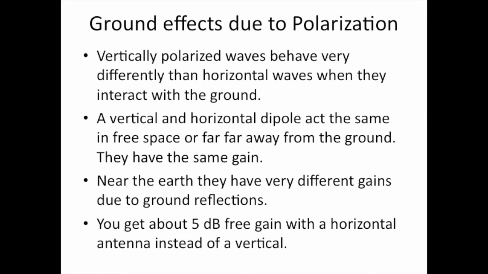You get about 5 dB of free gain with a horizontal antenna when it's over real ground. You do not get that 5 dB of free gain with a vertical antenna that's mounted near the ground. So there's a big difference between vertical and horizontal polarization when you bring the ground into the calculation.